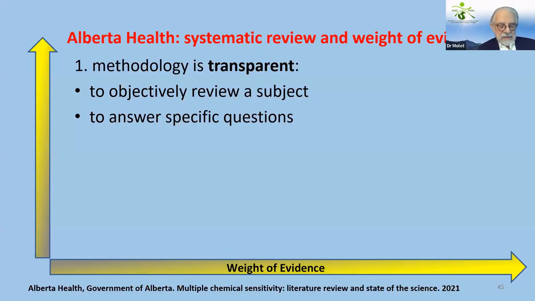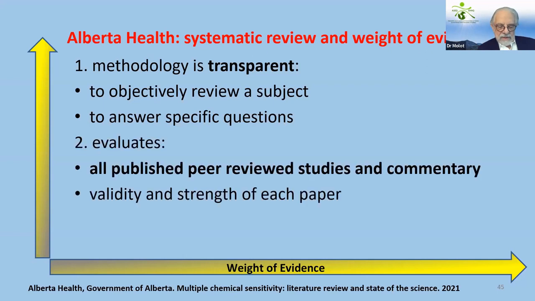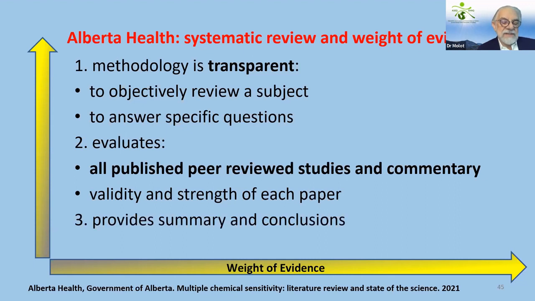In 2021, the Ministry of Health of the Government of Alberta published the results of a systematic review of MCS. A systematic review is a scientific methodology by which one transparently gathers all the published reviewed studies and commentary of a particular subject or question to be answered, evaluates the validity and strength of every paper, and then summarizes and objectively puts together what the literature actually says.